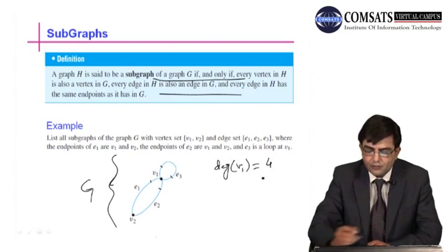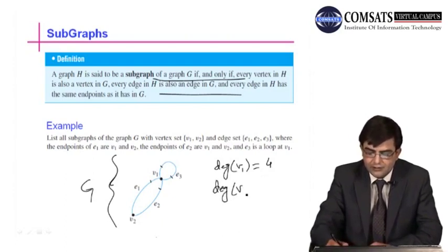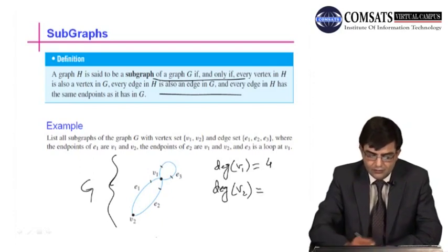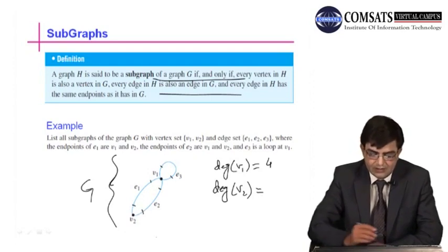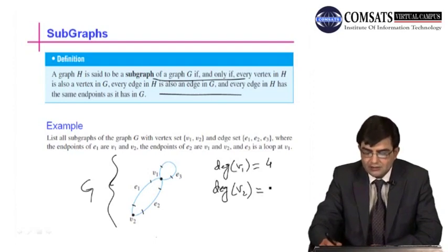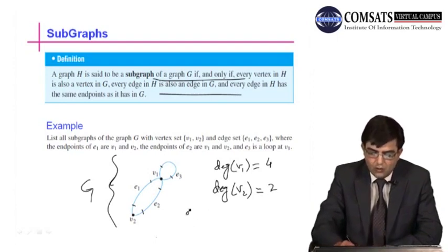So the degree of v1 is 4. What is the degree of v2? This is v2, and there are two edges incident on v2, so the degree of v2 is 2. Now what is the degree of the whole graph G?